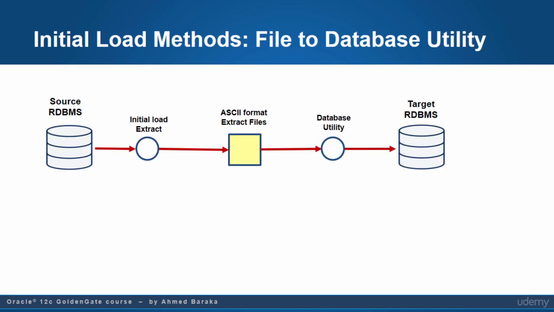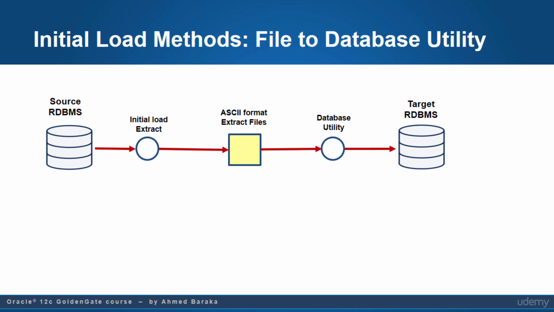The third initial load option in Oracle GoldenGate is called file to database utility. With this method, the initial load extract process writes to extract files in plain text ASCII format.